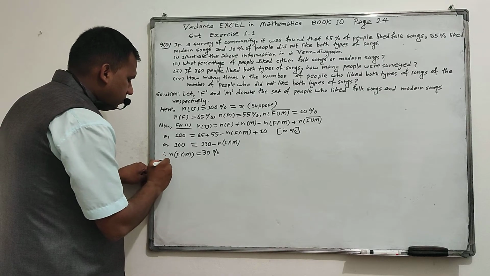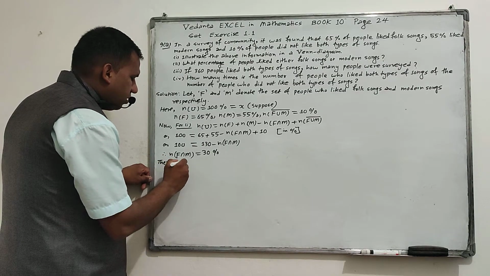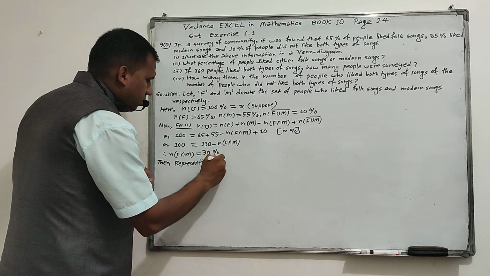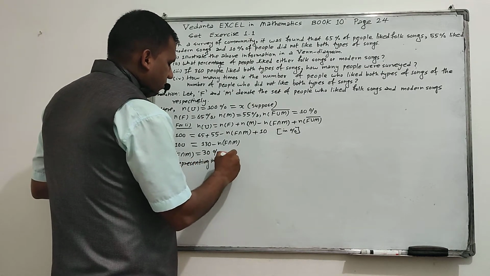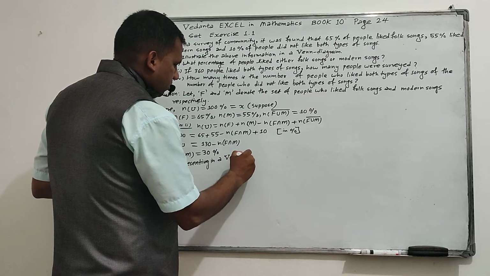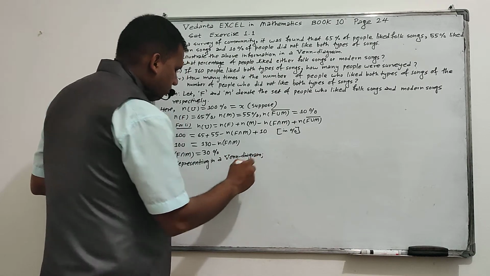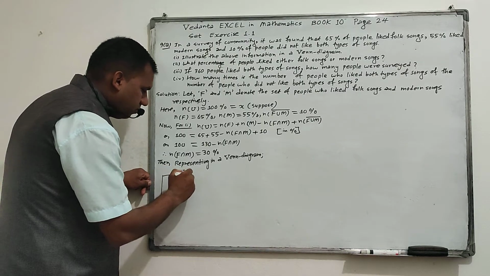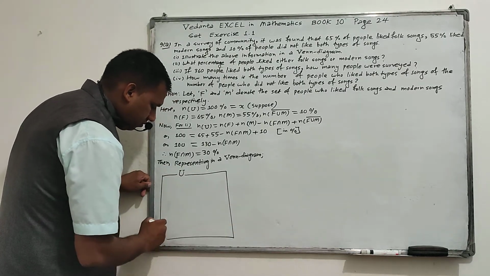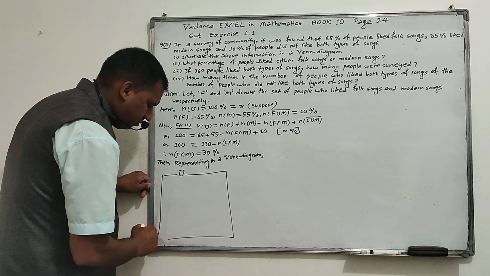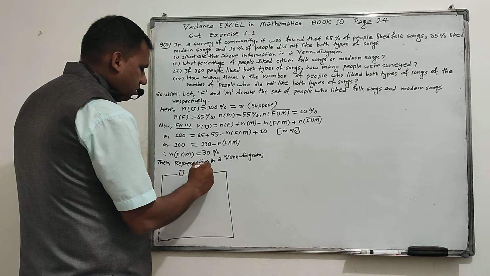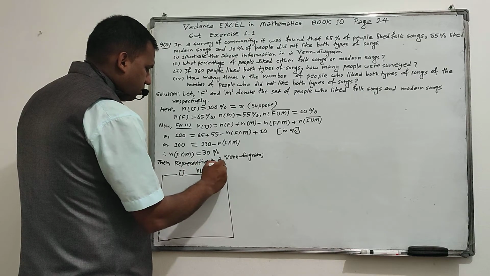Then representing in a Venn diagram. Universal set, number of U is 100% in percentage.